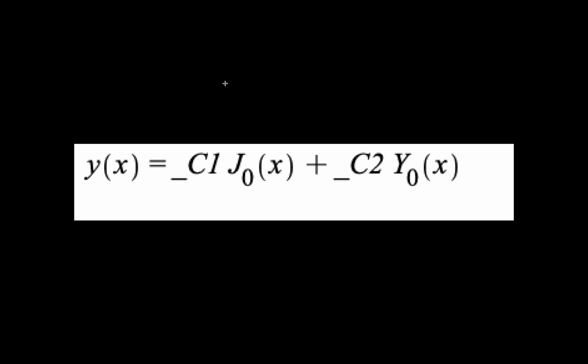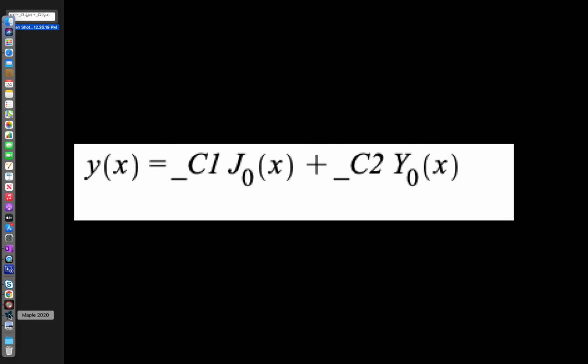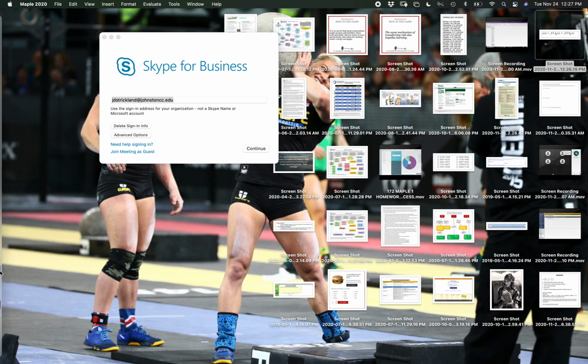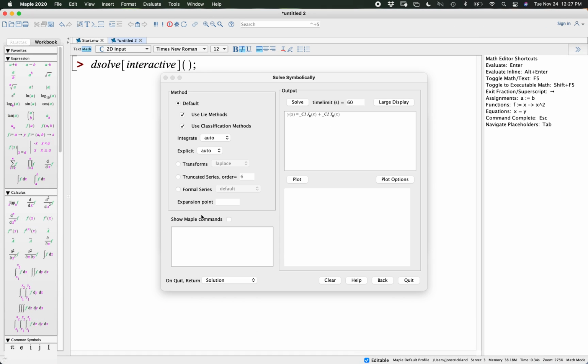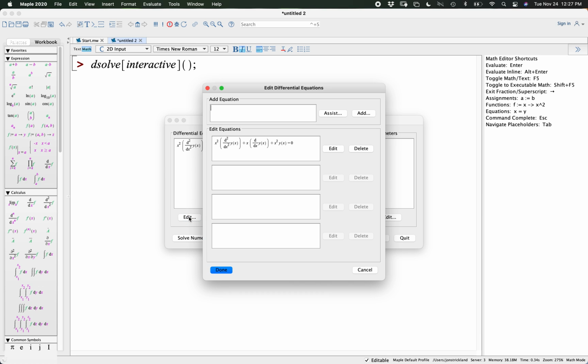We're not going to worry with this one. Okay, there we go. Now, if I go back, the other equation was x squared minus 4.